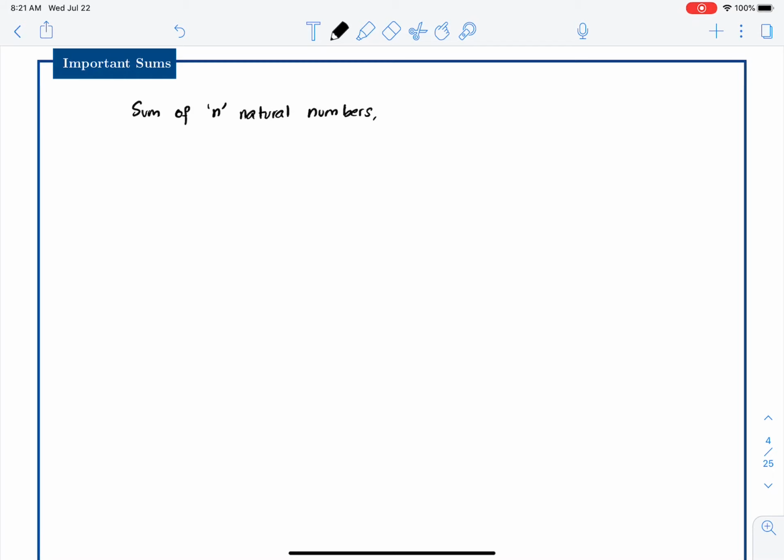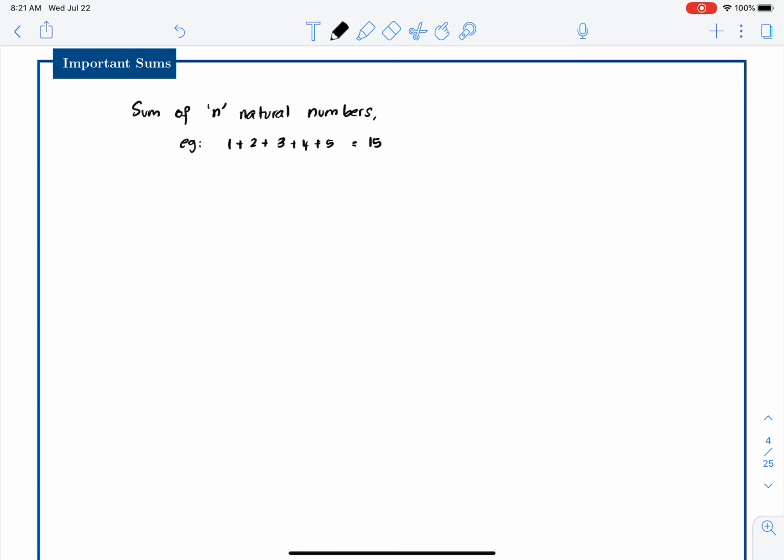What do we mean by that? Suppose you want to sum numbers 1 through 5. And we clearly know that it's 3, 6, 10, and 15. The answer is 15. But what if you want to sum from 1 all the way up to 100?